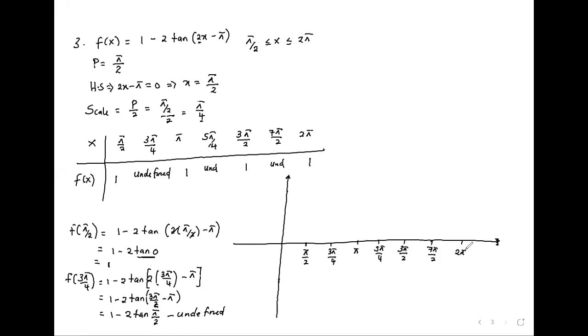So we have undefined lines on 3 pi over 4. Again, you skip 1, the next one is undefined, skip 1, undefined, then 1. So this one becomes like our middle line. We just keep in mind that at 1, that is where the 0 line is.